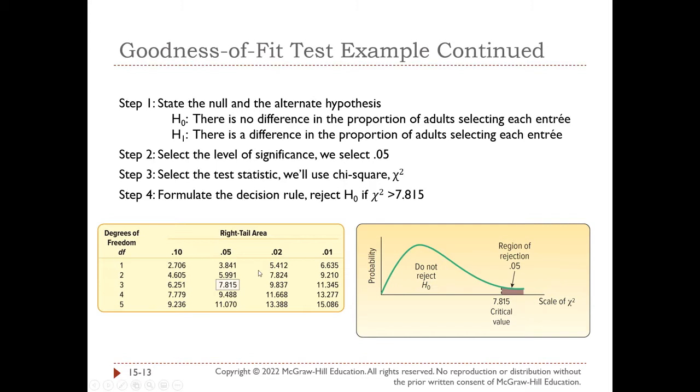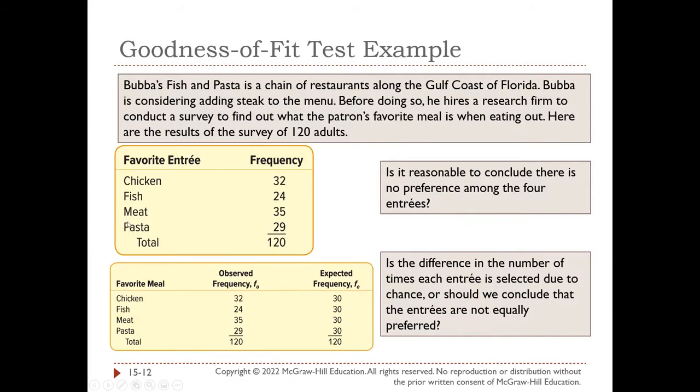Alright, so we're going to formulate the decision rule. We know alpha is 0.05, but how do we get degrees of freedom? Well, for us, degrees of freedom is k minus 1, where k is the number of items we're testing.